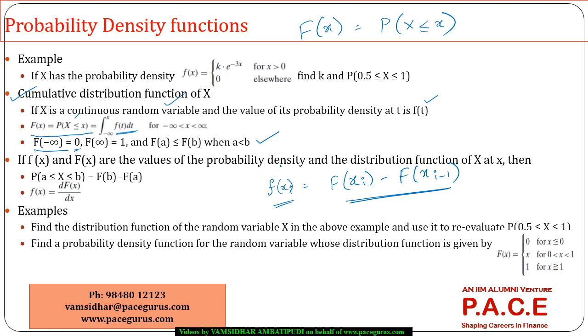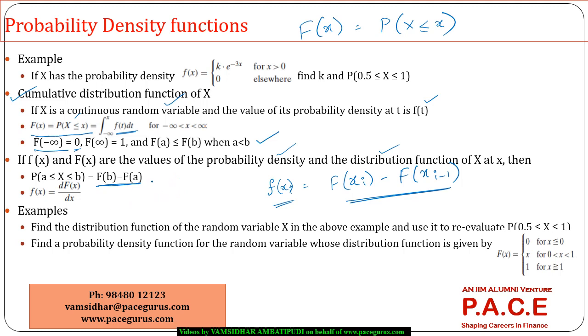Whereas here, if small f of x is the density function and capital F of x is the distribution function, the probability that x is lying between a and b, I can very well take as the difference between the two distribution functions.